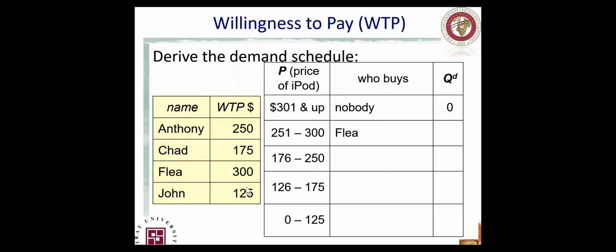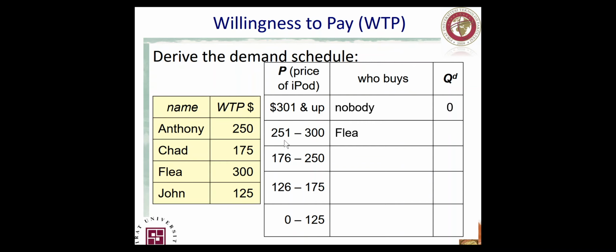Okay, so let's take the second stage. Let's take the second biggest willingness to pay, WTP, and take higher than it by 1 unit, up through the highest of all. So 251 through 300.